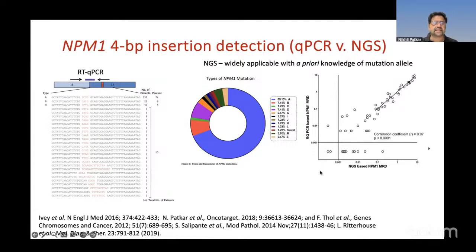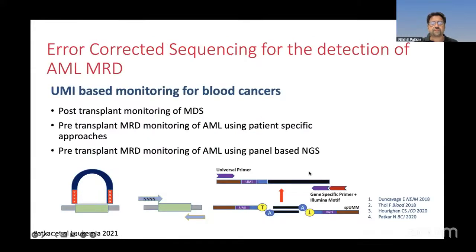One assay takes care of everything. But you cannot really do this for all mutations that occur in AML. You still need to sequence single base pair mutations like IDH1, IDH2, KIT mutations, and so on, which you cannot sequence at high depth. For that, you require UMI-based sequencing.